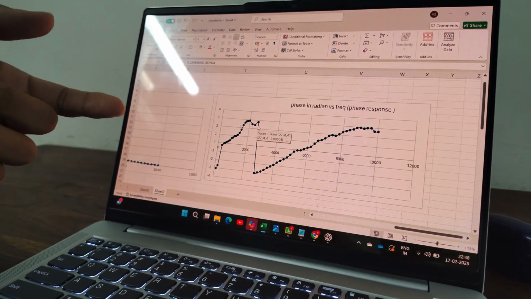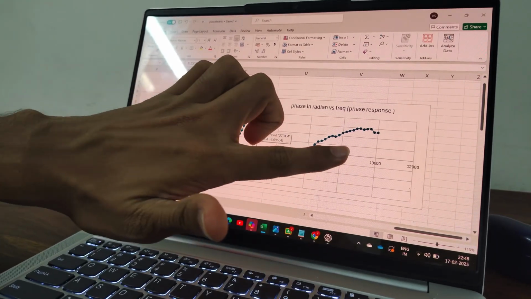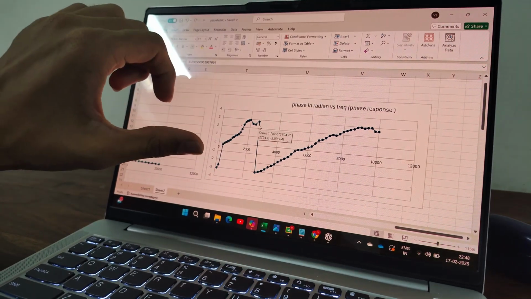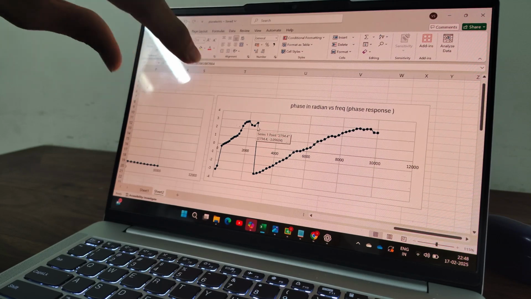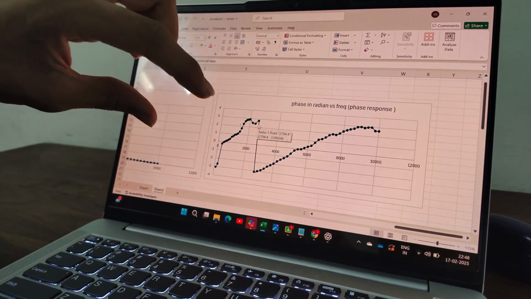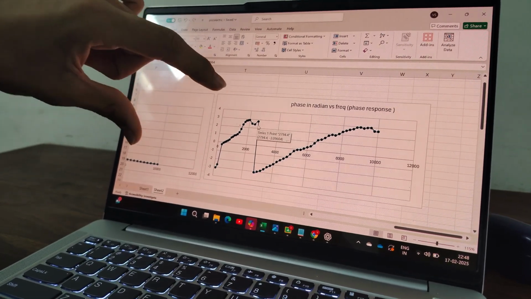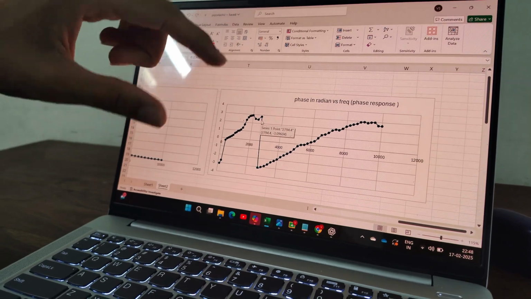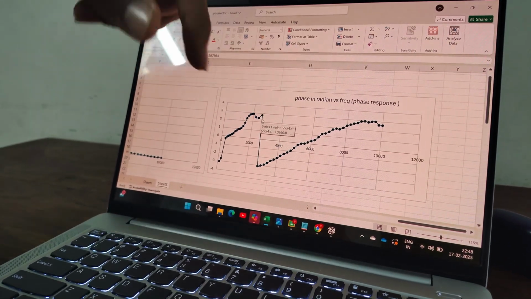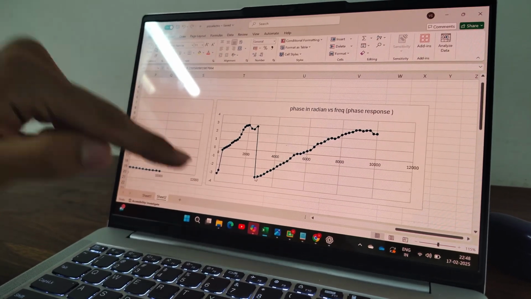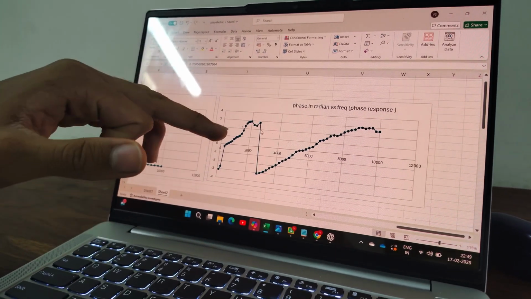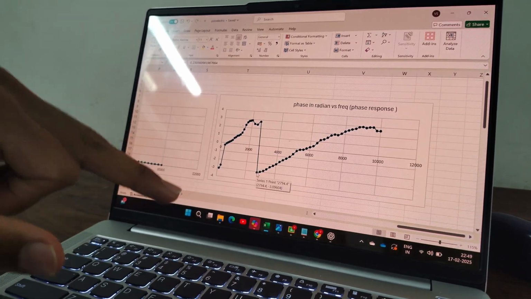As I tell you, in degrees, the phase difference goes from 0 to 180 degree. Further than 180, if it goes to 181 degrees, the oscilloscope does not show 181 degree, it shows minus 180 degree. So in radian it goes from around 3 radian to minus 3 radian. So that's why there is a sudden change in the phase.